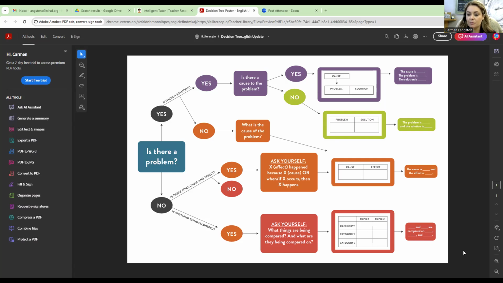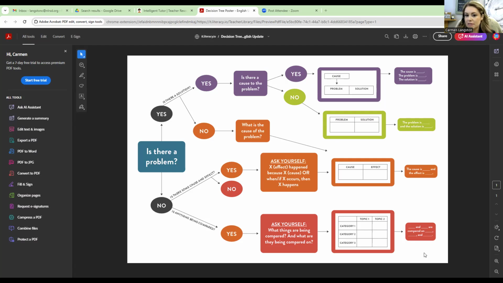And then you would model how to write the main idea using these sentence stems for the first few days. And then after that, go ahead and release it and let them write their own. You want to post the sentence stems for them to refer to, but filling in the blank is going to be their job.